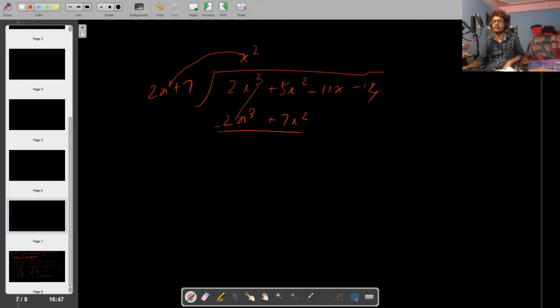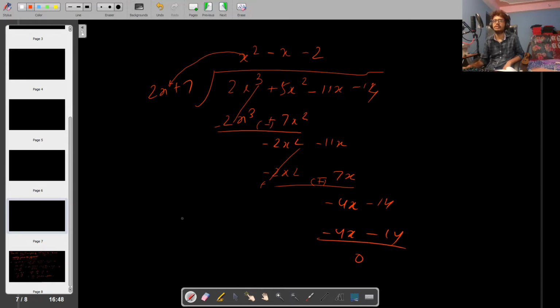This will be negative, cancel off, minus 2x square, bring minus 11x down. So you need minus x. Minus x into 2x is minus 2x square, minus 7x. This will cancel off, this will be plus, minus 4x minus 14. To get minus 4x, you need to multiply 2x with minus 2. So minus 4x minus 14. So this will be 0.